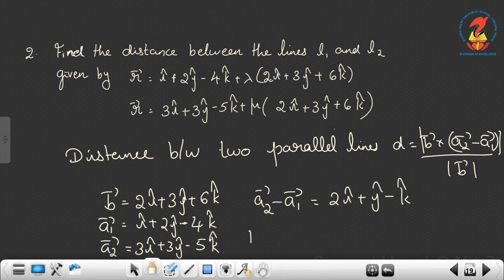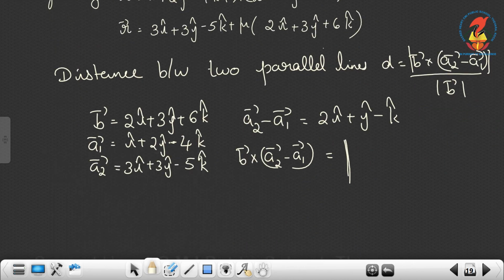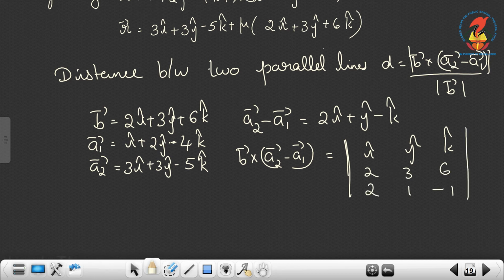Now B cross A2 minus A1. That's equal to determinant ijk, B is 2, 3, 6, 2, 1, minus 1. Okay.